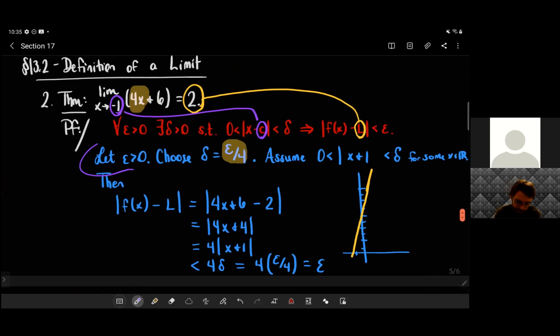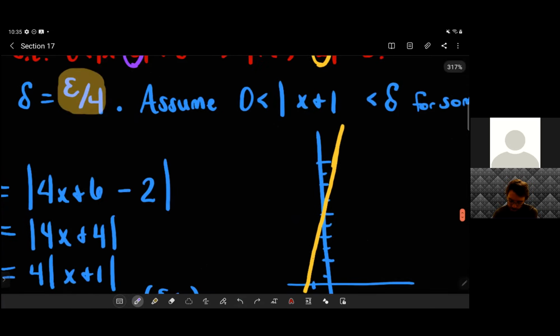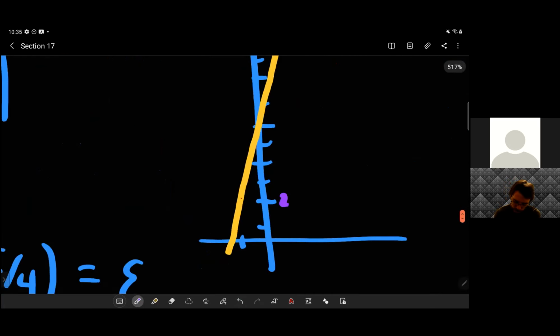So I've picked epsilon. And epsilon is going to be what I'm going to call a neighborhood of the limit. The limit is supposed to be 2 on the y-axis. So I'm looking at 2 here. And I'm thinking, okay, let's look at some epsilon neighborhood of 2. It's 2 plus epsilon. It's 2 minus epsilon.